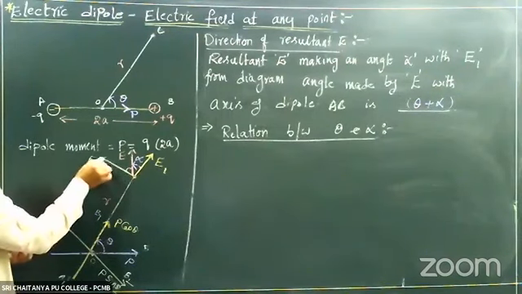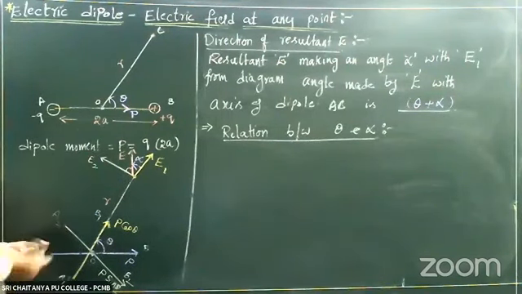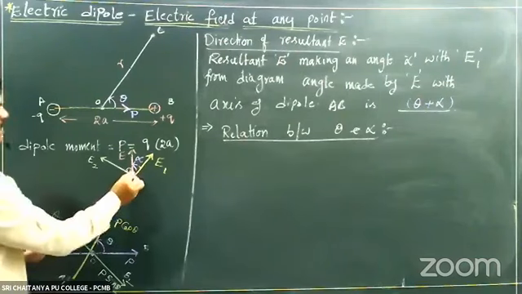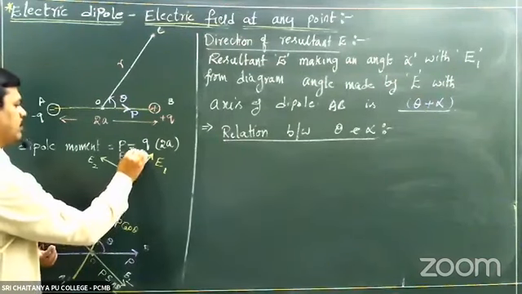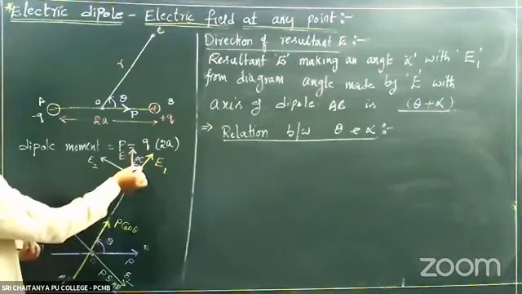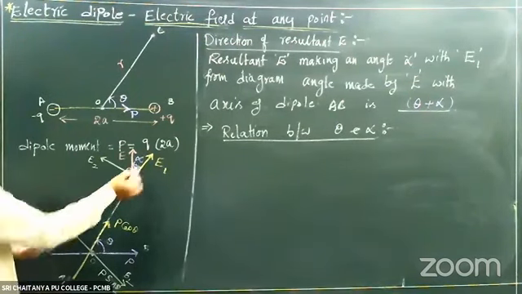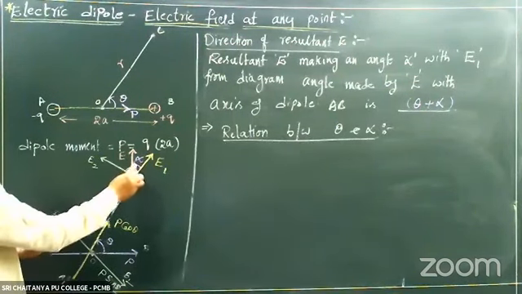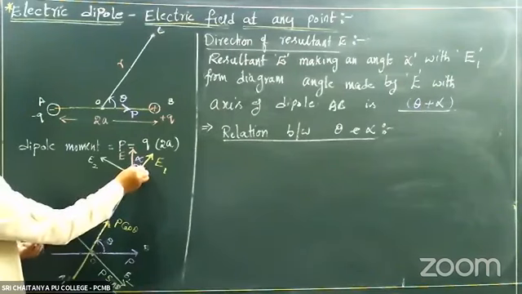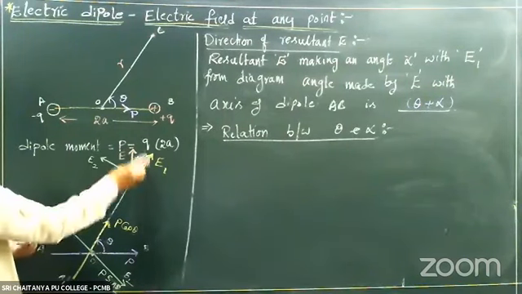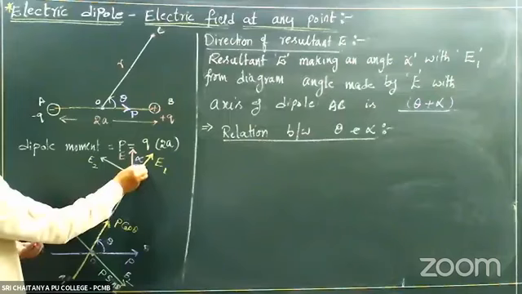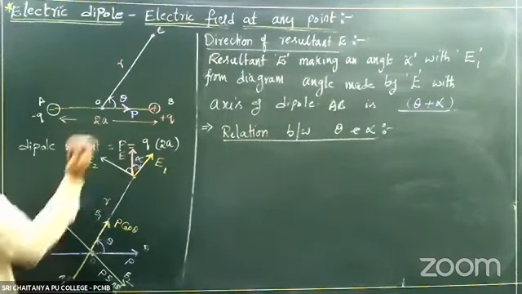How are these two? Perpendicular. And E is the resultant of these two, making an angle theta with E1.